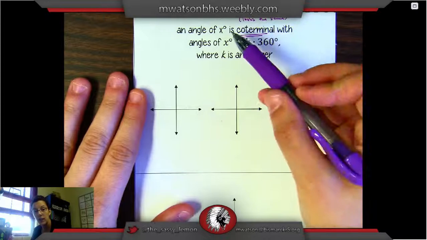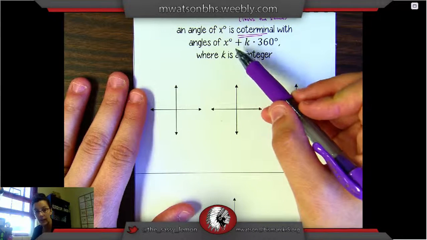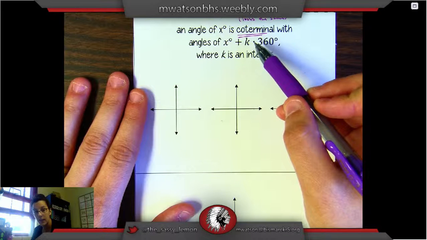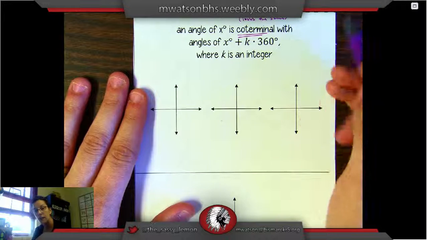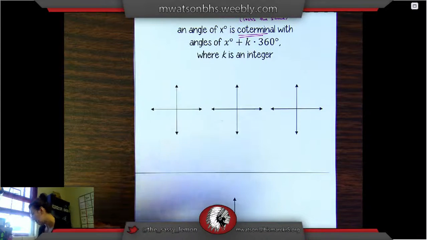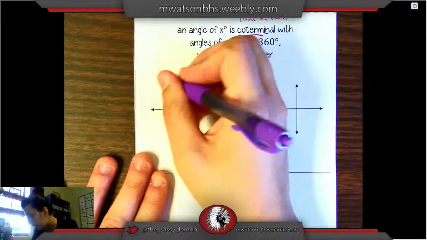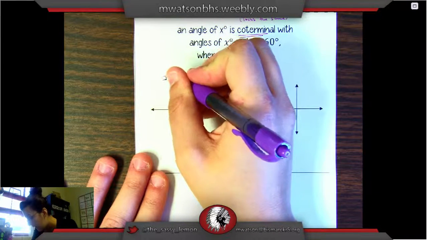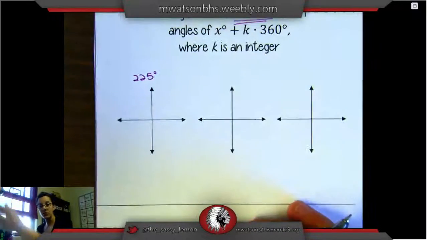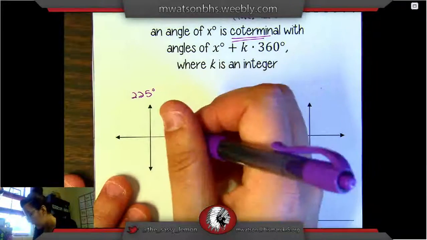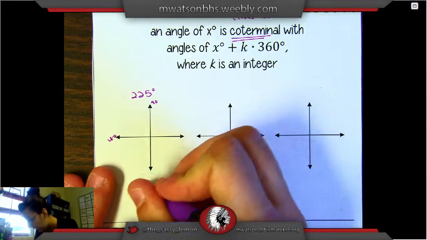So a regular angle, x, is coterminal with every other angle, x, plus some number times 360. Let me hash this out with you a little bit more so you can understand what I mean. Let's first just graph the angle 225 degrees. Whenever we graph this, we need to go to 90, 180, 270.